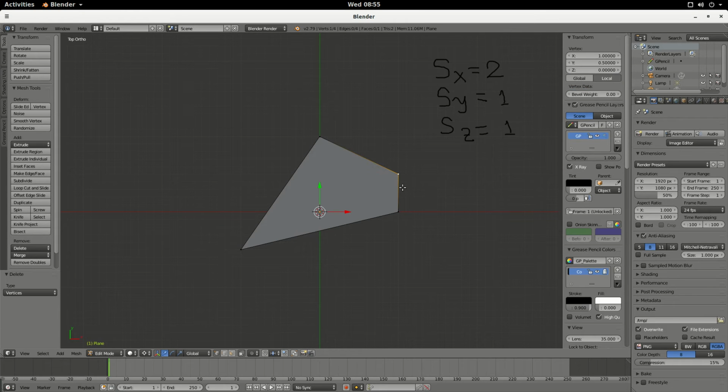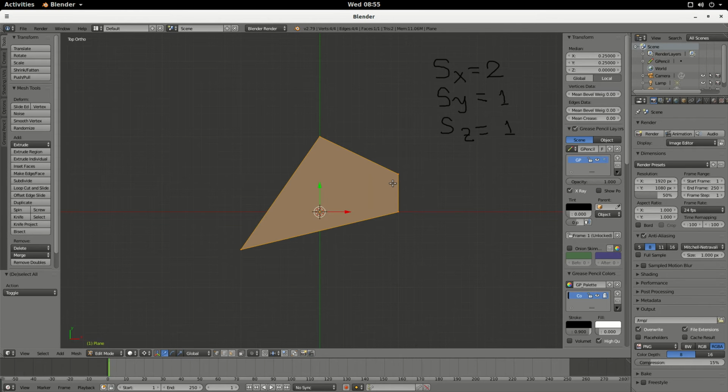So I'll just select all these things, Shift D, duplicate that again, and I will scale. This time I want to make it smaller, so I'll use a factor that is less than 1. So something like S.5 makes things smaller. This is half the size of the original polygon.